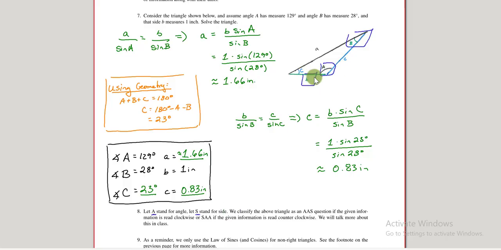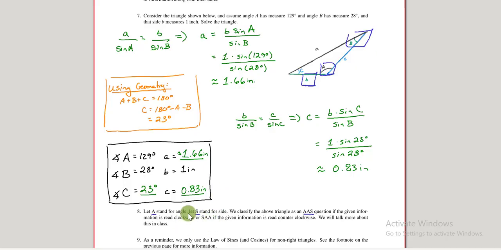So if we were to read that in terms of the letters, if I went clockwise, I gave you an angle followed by an angle followed by a side. So we could call this an angle angle side triangle. Or if you were to read it counterclockwise, we started with a side, then I gave you an angle followed by another angle. So we could read that as SAA.